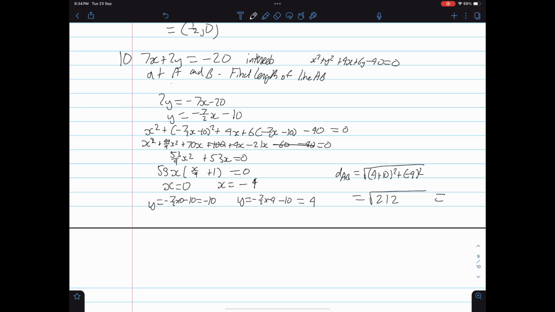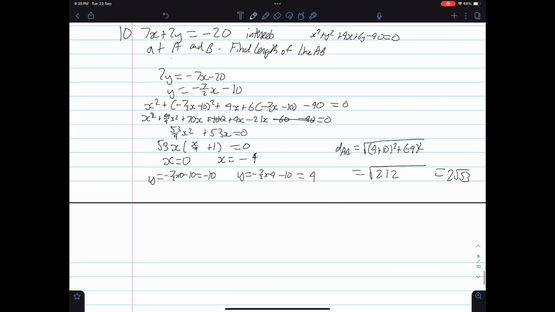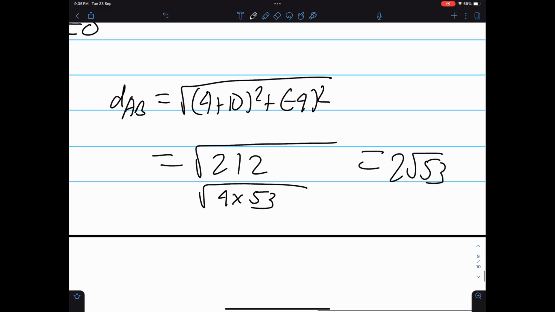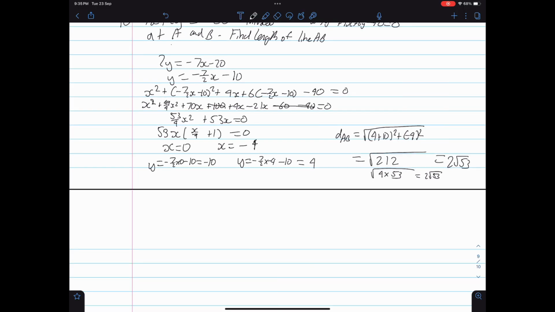Which is root of 212, which is 2 root 53. Because this root of 212 is actually 4 times 53. And that means you can just remove that 2 to make it 2 root 53.